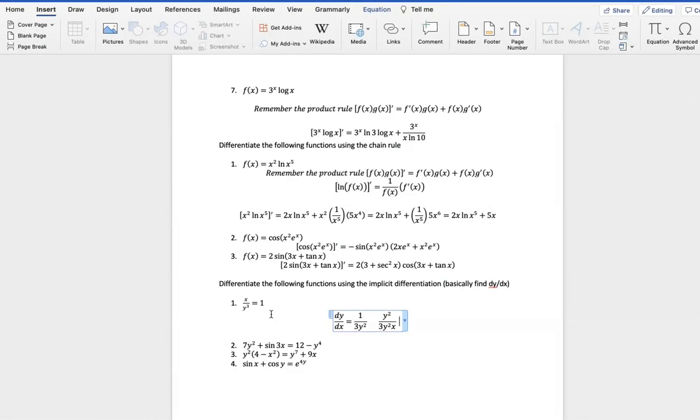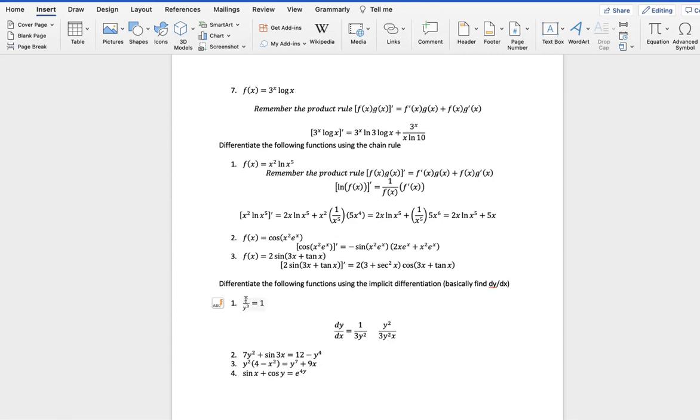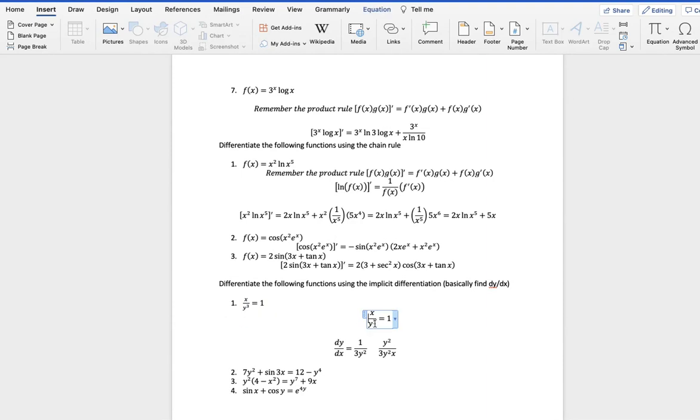Okay, so I can see you guys are attempting. So let's solve the first one and then maybe it will make sense for the other ones. So you're trying to find dy over dx, right? You have x over y cubed, so you can rewrite this as x equal to y cubed, right?